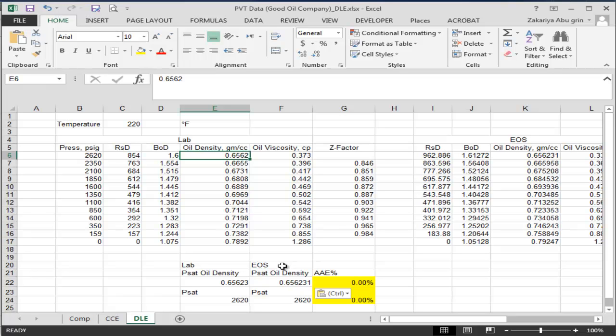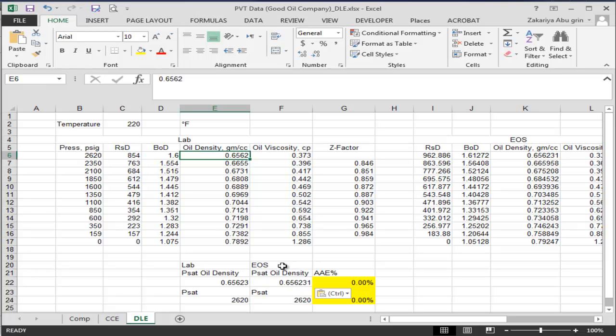When you match, I have said this before last week, the most important properties to match, even in DLE, let's say, are those: the first line here at saturation pressure. You know that if you match this, you will have a correct number here.